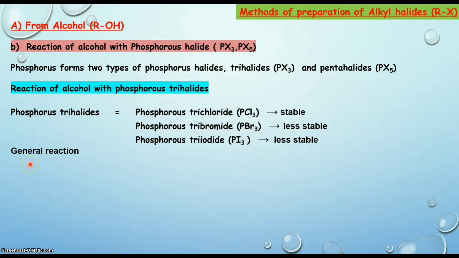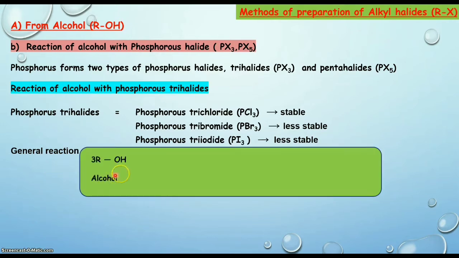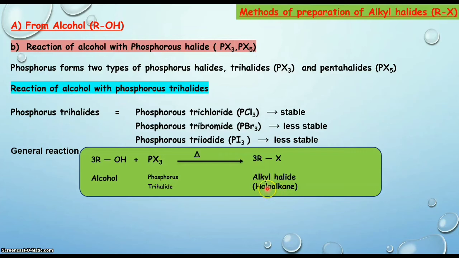So here is the general reaction of preparation of alkyl halide by using alcohol and phosphorus trihalide. Three molecules of alcohol on reaction with phosphorus trihalide, that is PCl3 or PBr3 or PI3, give three molecules of alkyl halide. Students, observe here, three molecules of alcohol we are using.